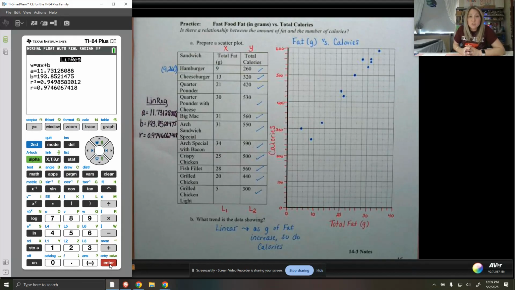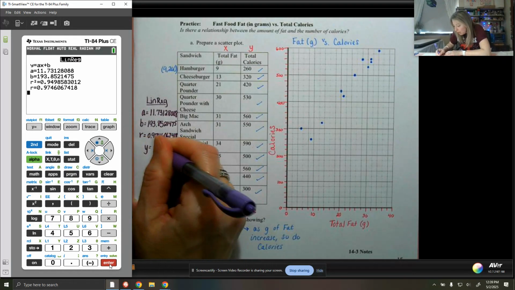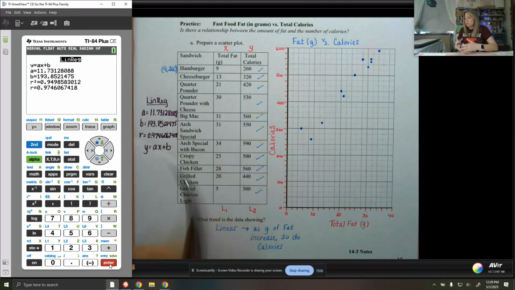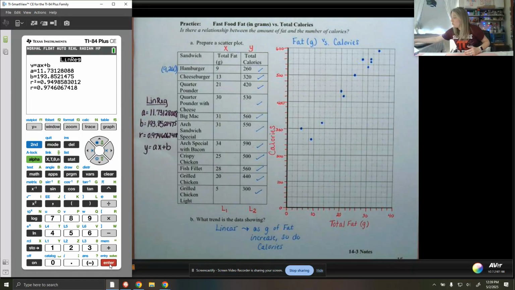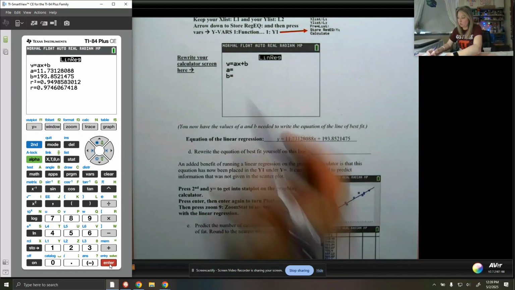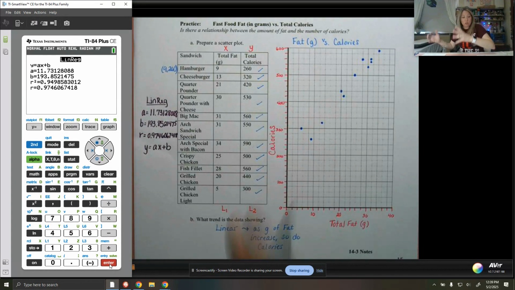Now, I know I was squeezing that into a very small space, but what I'm going to do right now is I'm going to write this as my y equals ax plus b equation, where I am going to round to the nearest, and again, your graphing calculator screen is asking you to write it right here. And I am going to round to the nearest tenth in what I write down right now.